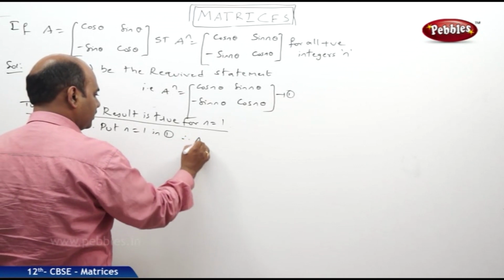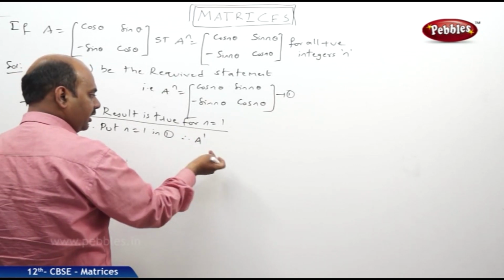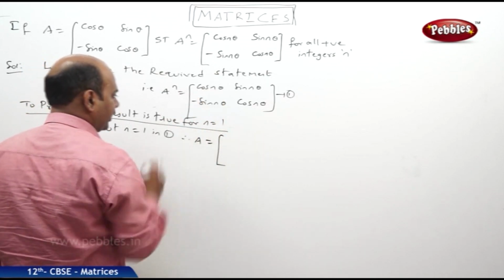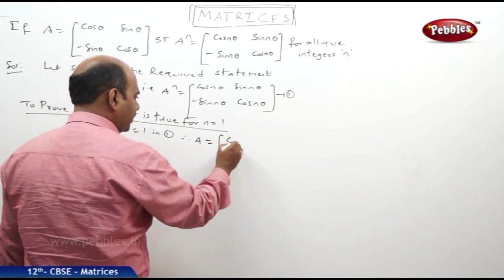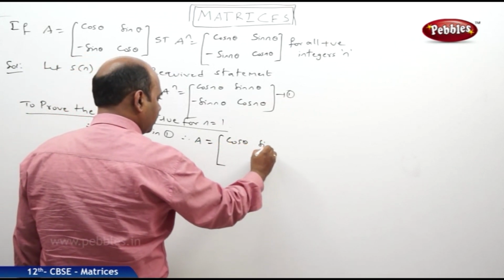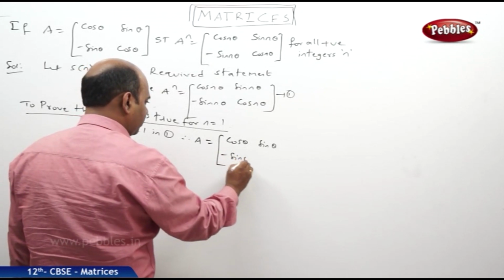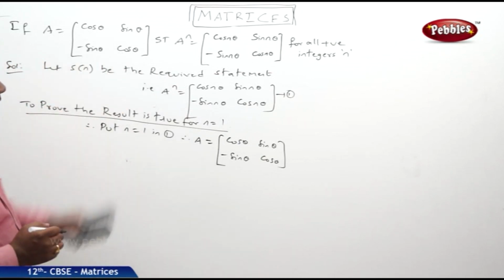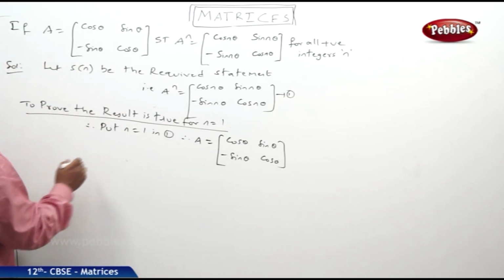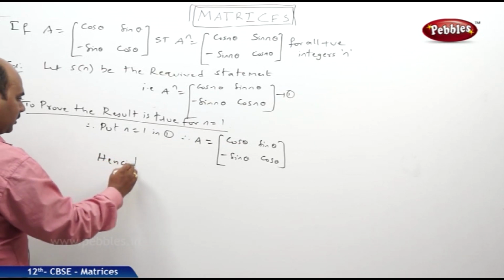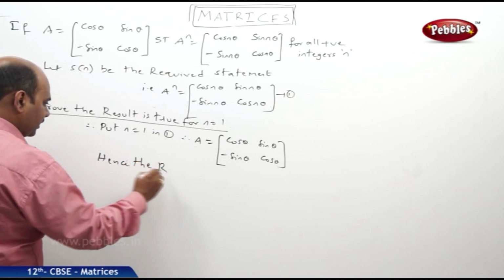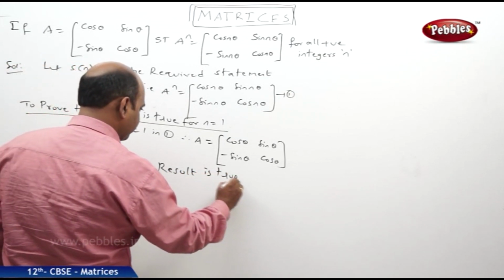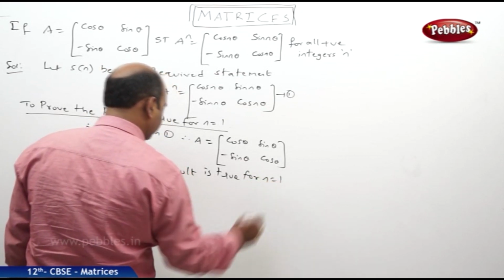That means A power 1 is A, and here also n place substitute 1, so we get cos theta sin theta minus sin theta cos theta. Therefore, we got our result. Hence, the result is true for n equal to 1.